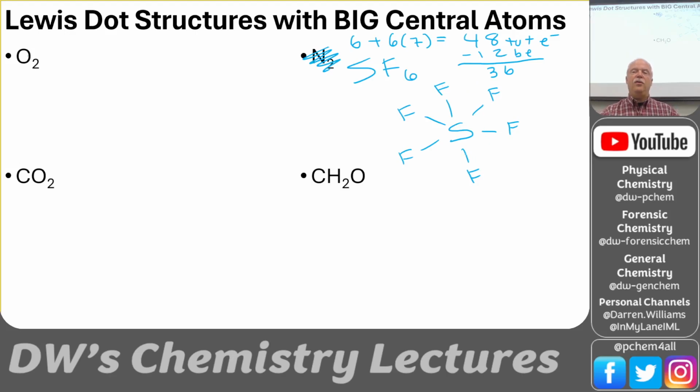And we've got 6 fluorine atoms, so we can put 6 each on all of that. So bear with me, 1, 2, 3, and so on up to 36. So that's sulfur hexafluoride.